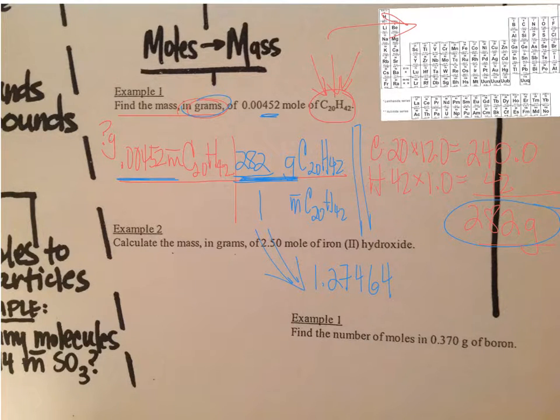This number only has 3 significant digits, so we can only answer in 3 significant digits. So right here, this would be 1, 2, 3. We're only going out to the hundredths, so our answer will be 1.27 grams of C20H42.